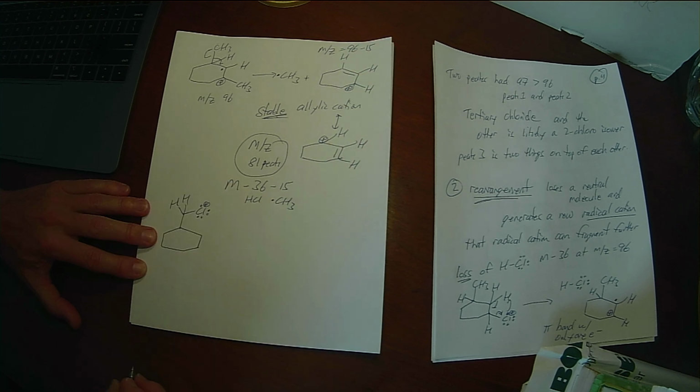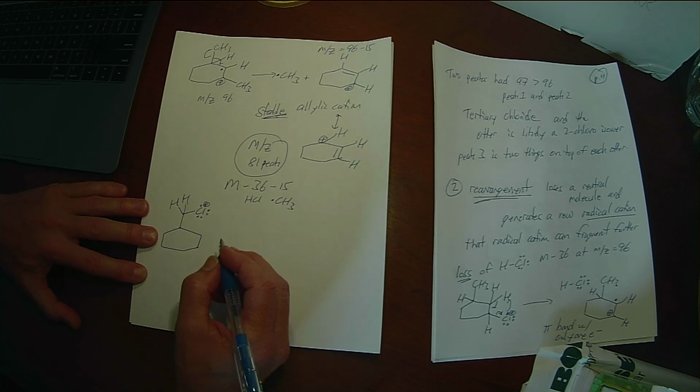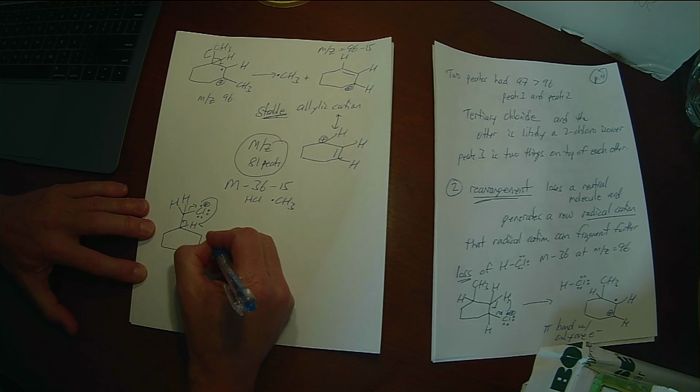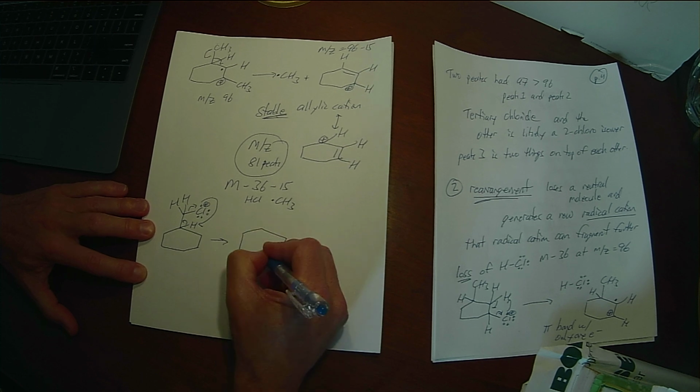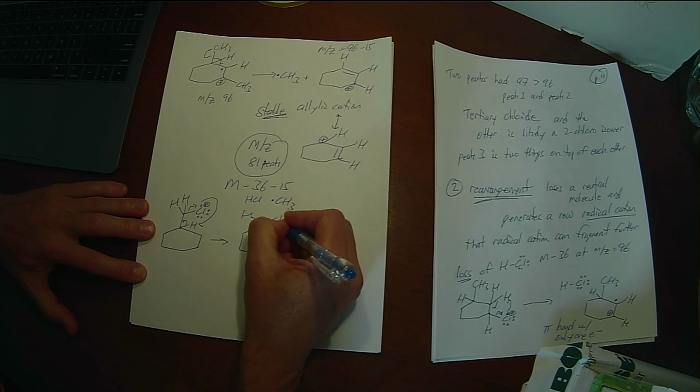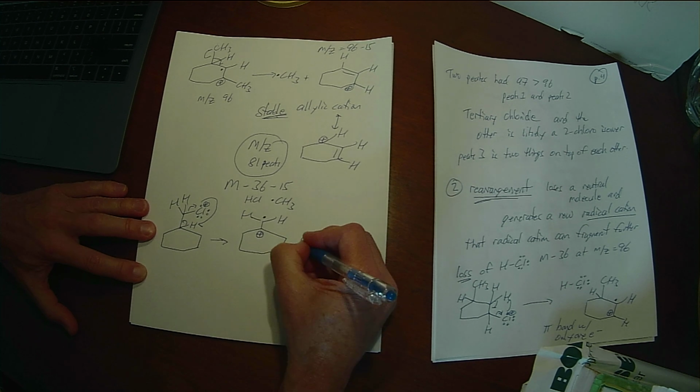it could lose HCl, right? You would expect it to be able to take this hydrogen off and form the radical cation that looks like that, plus HCl.